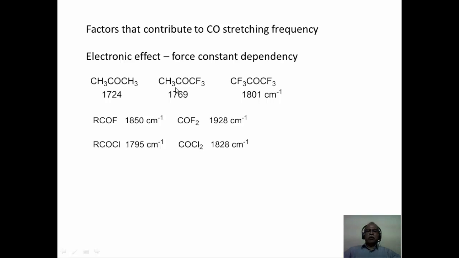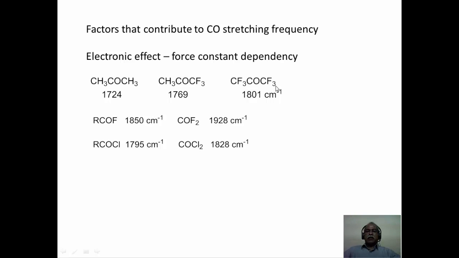As you go from acetone to trifluoroacetone, the trifluoro group is the electron withdrawing group that depletes the electron density on the carbonyl carbon, thereby forcing the carbon-oxygen bond to be strengthened by the participation of the lone pair of electrons from the carbonyl oxygen onto the carbon-oxygen bond.